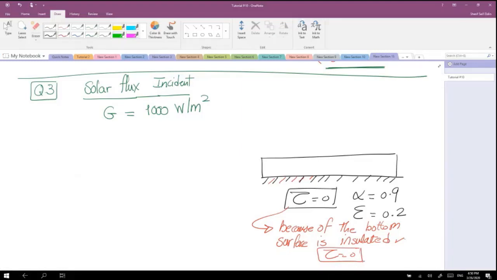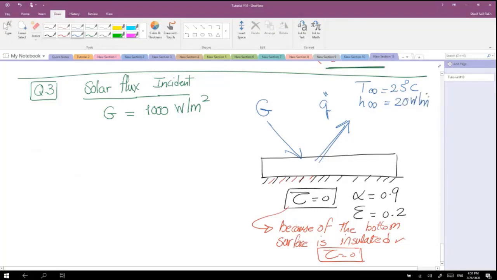And when we draw the fluxes, basically we have G and Q double dash. Also we have convection because it says there is a stream of air flowing over this flat plate at a temperature of 25 degrees Celsius and heat transfer coefficient of 20 watt per meter square Kelvin. So we also have convection here and we have J.